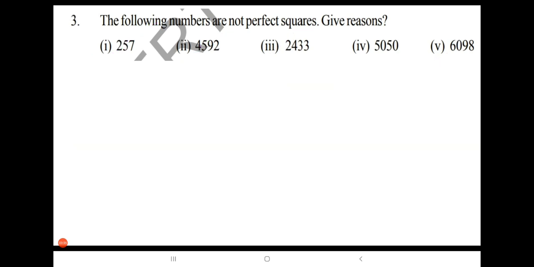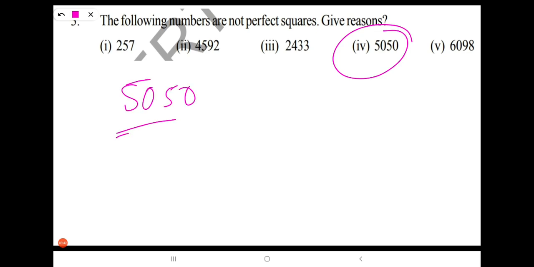So coming to number 4, it is 5050. Okay, right. So one more property here.